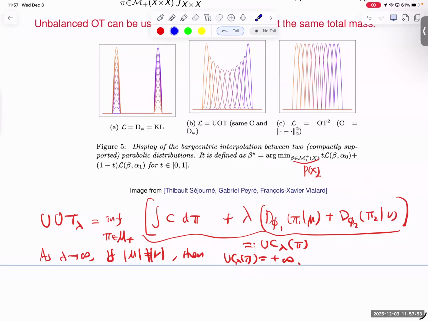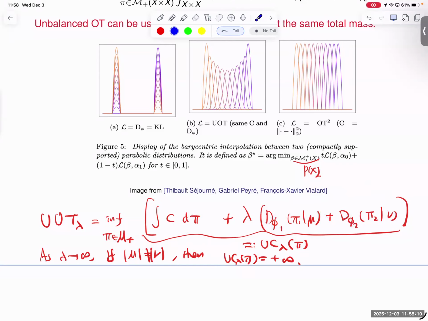Okay, now when they are equal, if lambda is very large, then the transport will want to make this 0. Then you come back to the optimal transport.